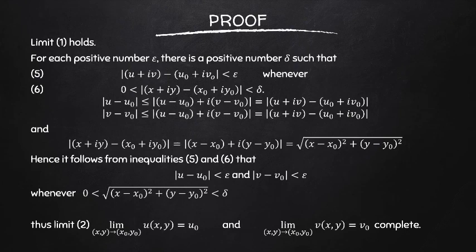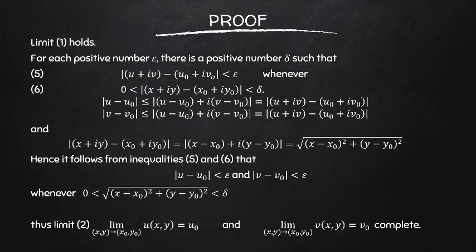Hence, it follows from inequalities 5 and 6 that the absolute value of u minus u0 is less than epsilon and the absolute value of v minus v0 is less than epsilon too, whenever the square root of (x minus x0) squared plus (y minus y0) squared is greater than 0 and less than delta.